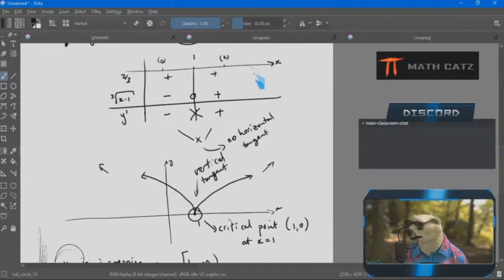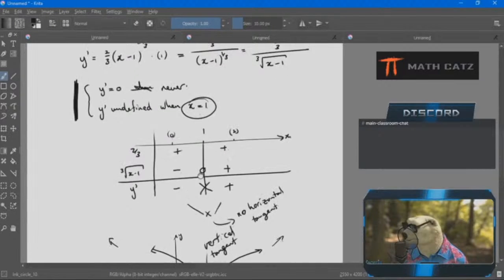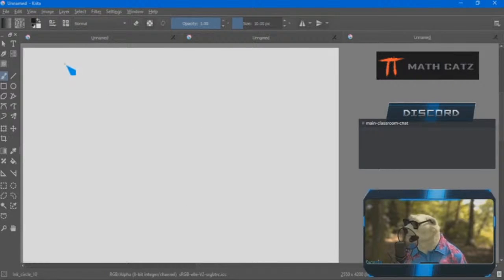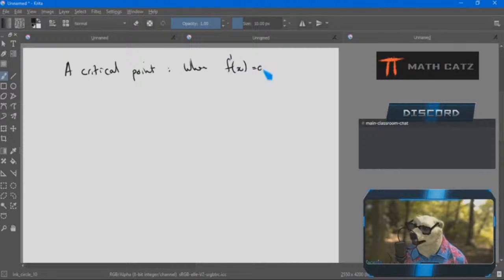Okay. Now, I don't have my other examples with me, but we saw other points coming out of this check, derivative equals 0, derivative undefined, and we'll call them critical points. So let me just classify that. A critical point, I won't be too fancy with this definition, is going to be when my derivative is equal to 0 or my derivative is undefined.